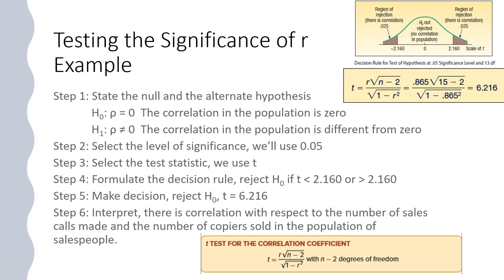Since 6.216 is outside of the range of negative 2.160 and positive 2.160, we're going to reject the null hypothesis and say that there is a correlation between the number of sales calls made and the number of copiers sold in the population of salespeople.